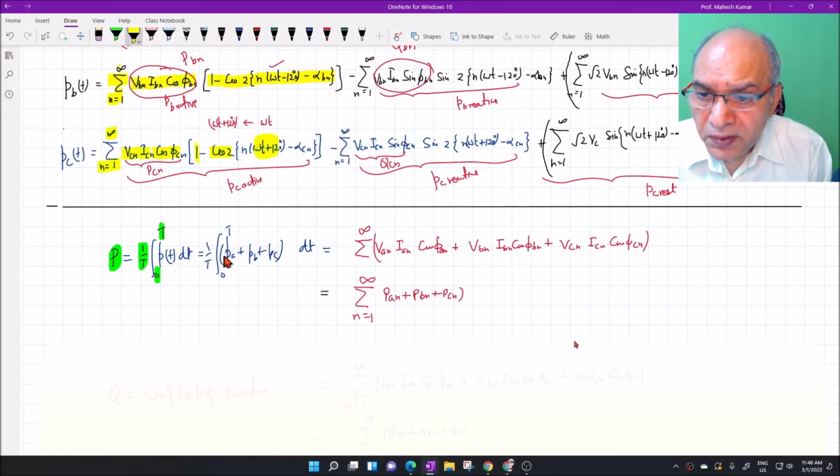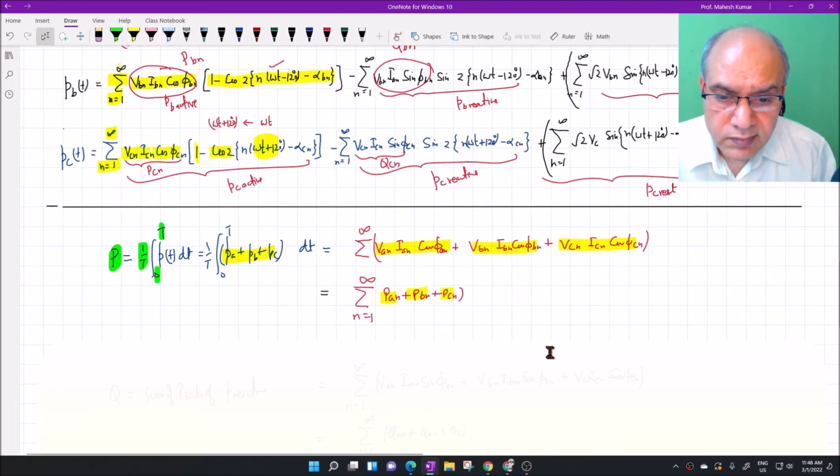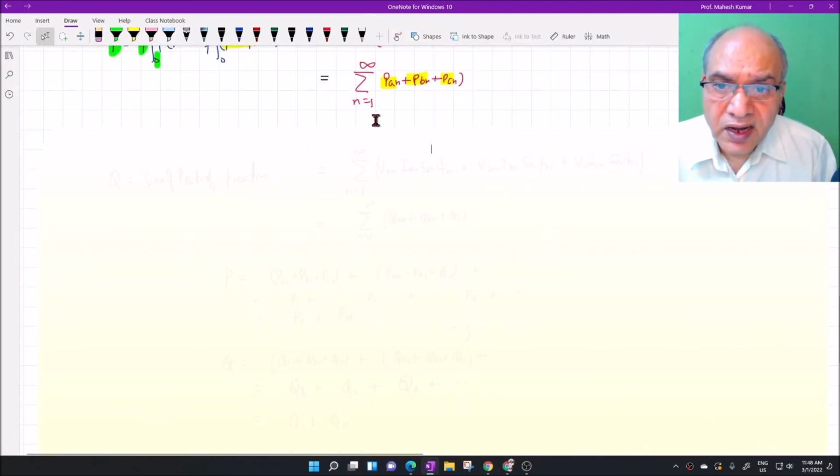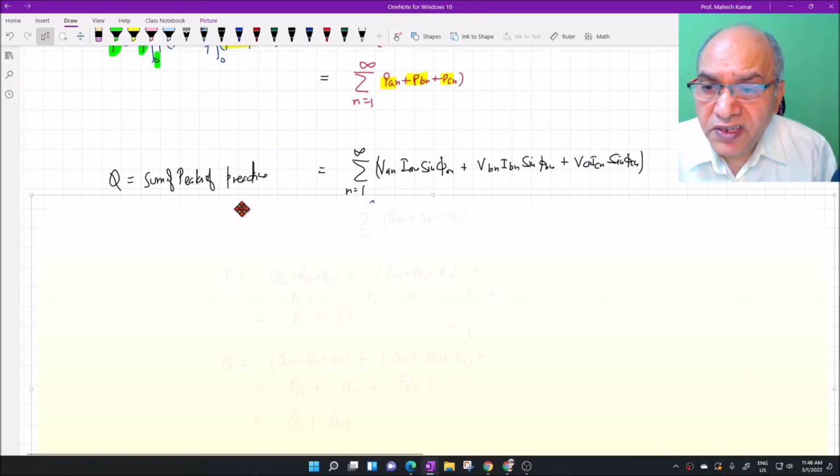So what is Pt here? Pa plus Pb plus Pc, and each has one constant term, that is VAN IAN cos phi AN. B phase has constant term VBN IBN cos phi BN, and C phase has term VCN ICN cos phi CN. Or we can write PAN plus PBN plus PCN. Similarly, we can write for the Q. The Q is the sum of the P reactive of each phase.